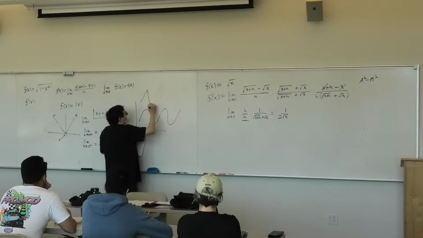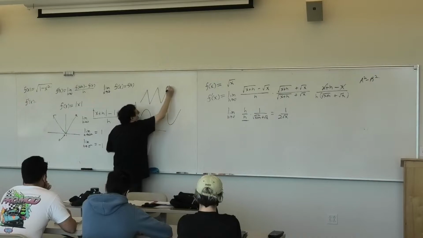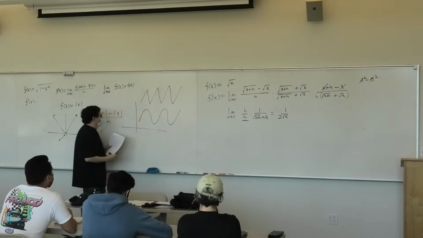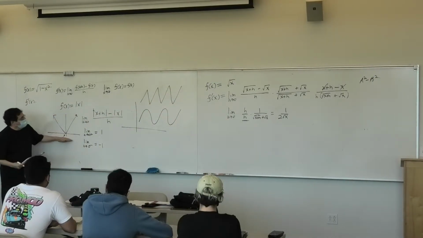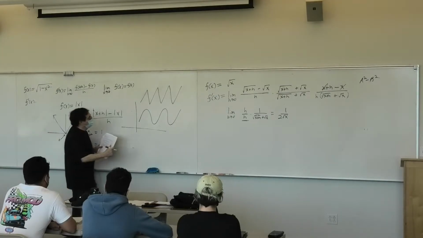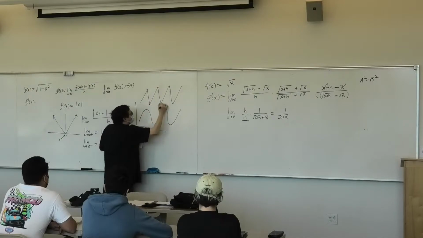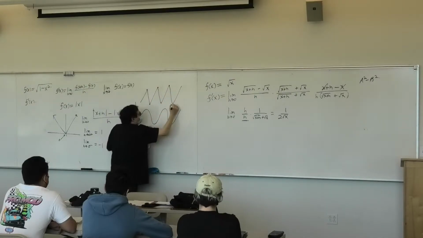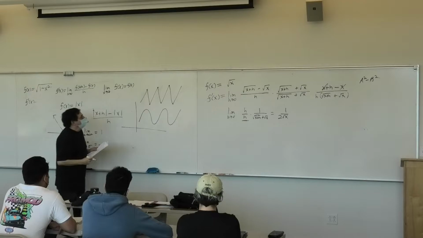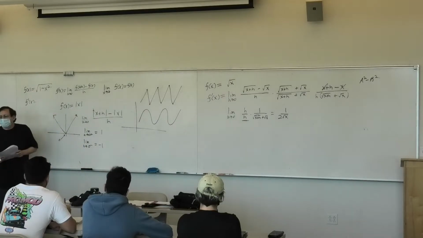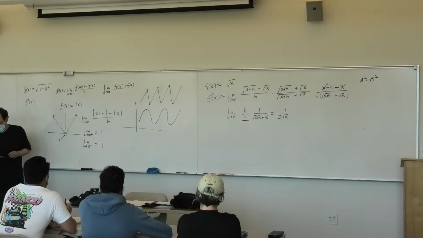At points like this one in the absolute value function, where the function changes direction drastically, it will not be differentiable. You won't have a derivative defined there. So that's something else to keep in mind about derivatives. All right.